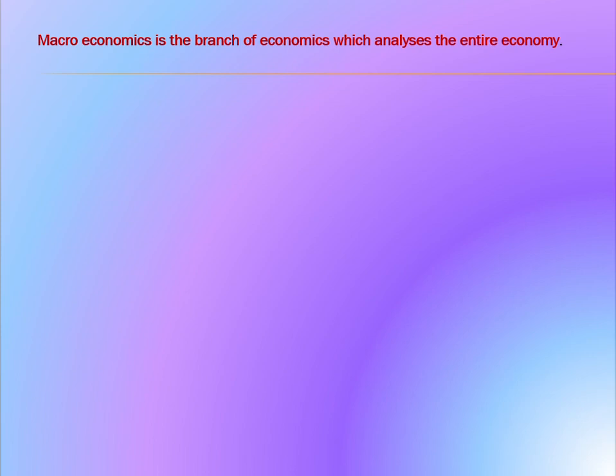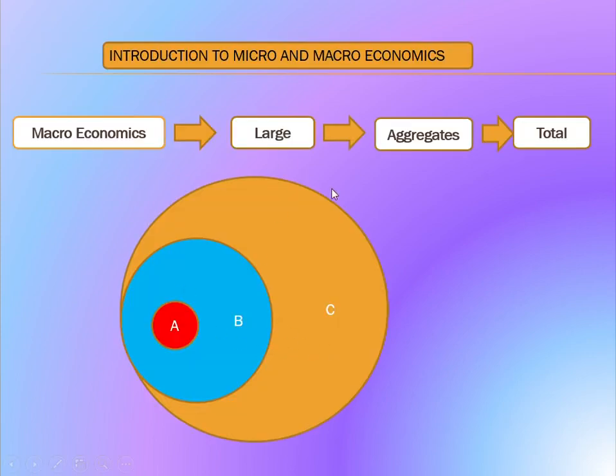The same concept I show you with a Venn diagram. There are three circles in front of you, A, B and C. A is a part of B and C. If you are studying A, it is microeconomics. If you are studying B as a part of C, it is also microeconomics.